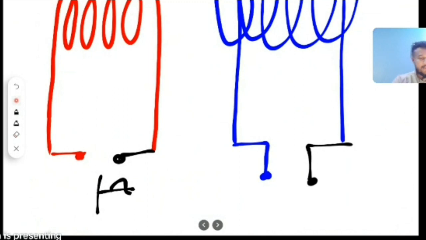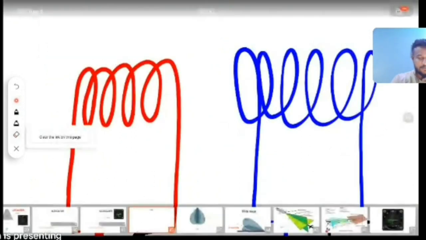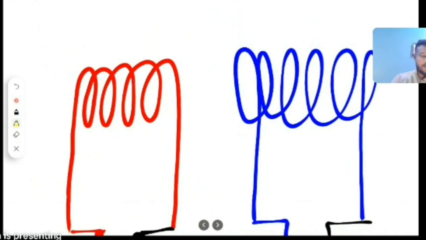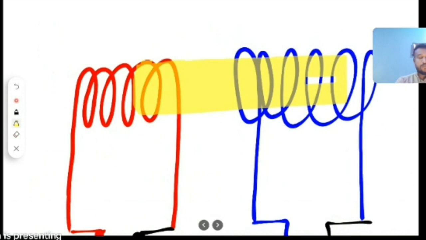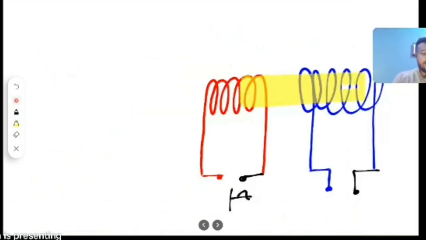Now I will place an iron or ferromagnetic material in the center of the coil. Now if I am providing 50 volt on both sides, will there be any change in the movement of the magnet?